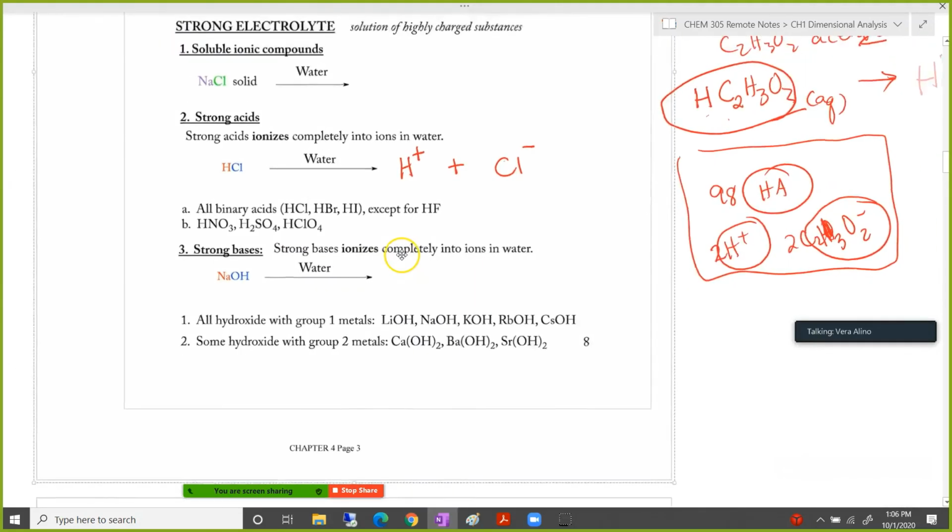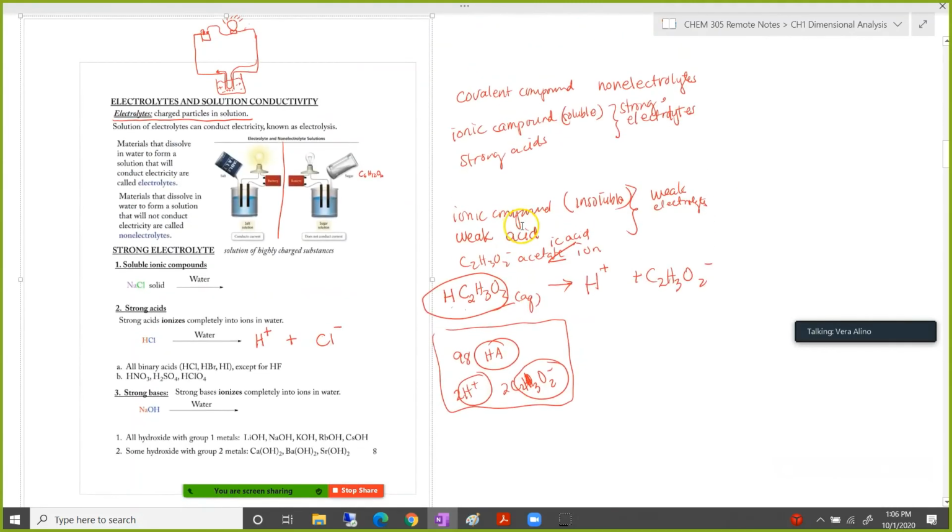What I do want to emphasize is that, at least I hope by now, you know what is defined to be a strong electrolyte versus a non-electrolyte. Strong electrolyte means it can conduct electricity. Non-electrolyte means it can't conduct electricity. And put this somewhere, guys. These notes are really good to have in case you're asked whether it's an electrolyte or not.